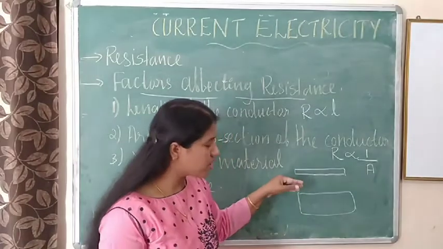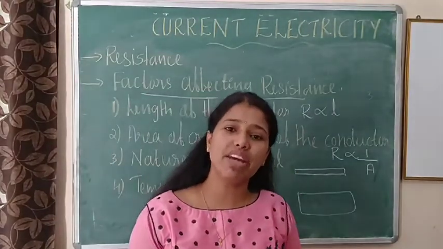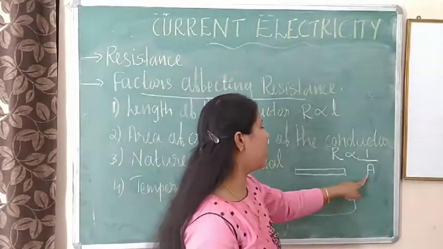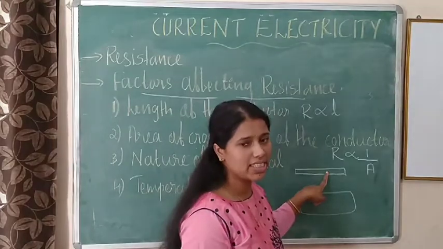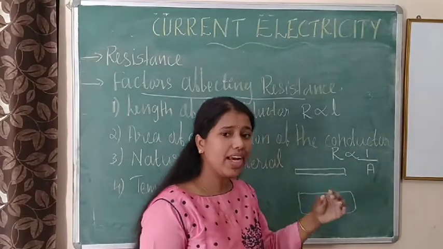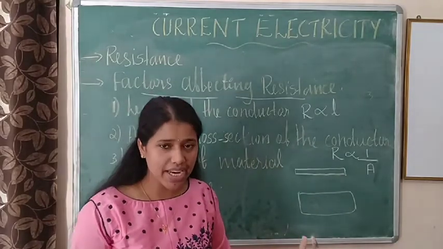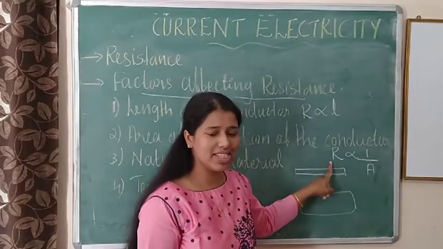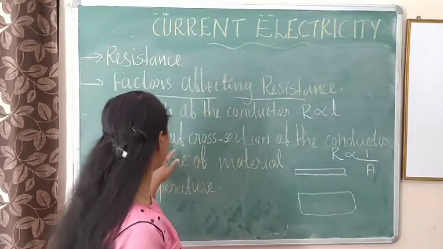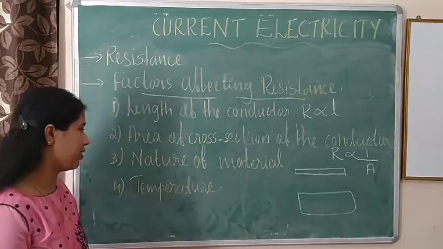For a very thin wire the area is less, so resistance is more. For a very thick wire the area is more, so resistance is less.